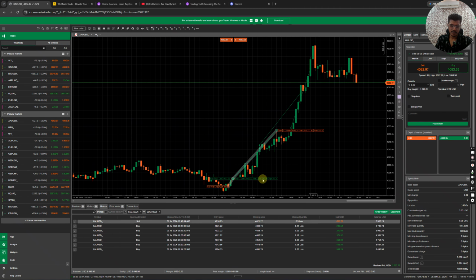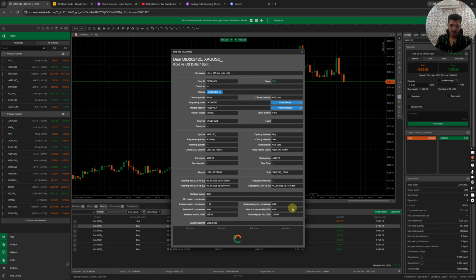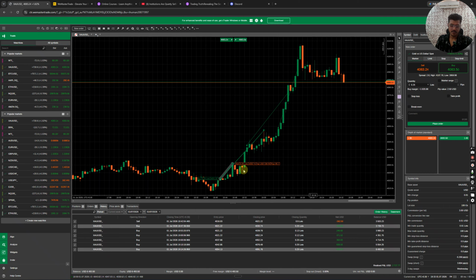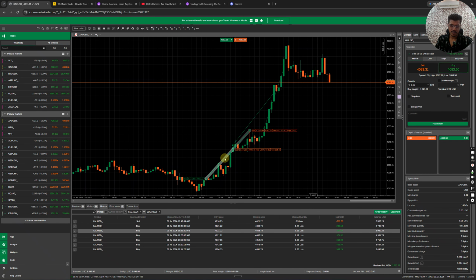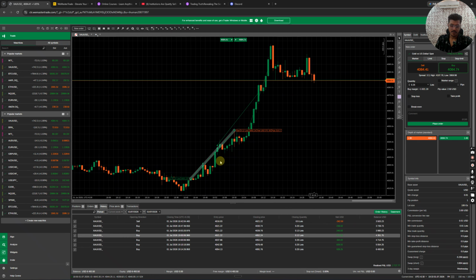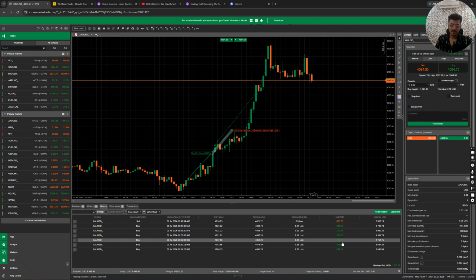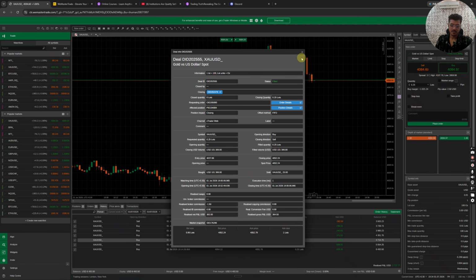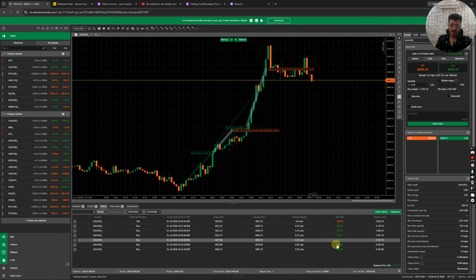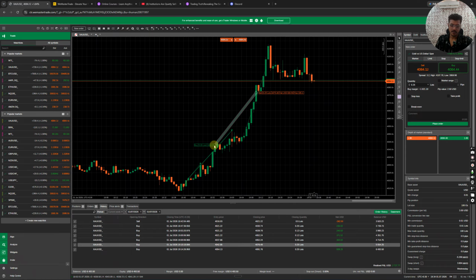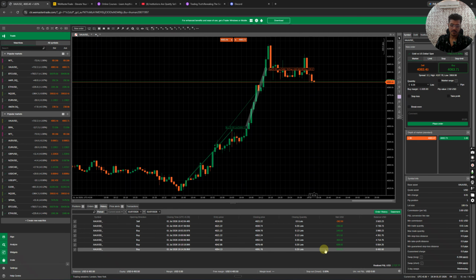Then when it reverses, I quickly reverse the order. This was the first long trade. This was the second long trade, profit. So I had a couple of scaling outs there. Then this one, then the last two, which I took long profit with both of them.